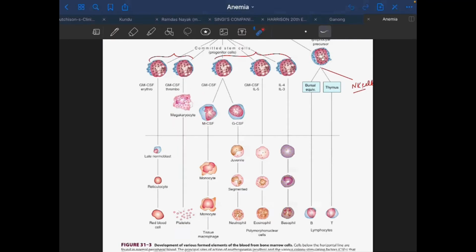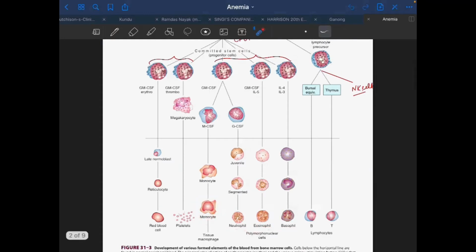In the same manner, the granulocytic CFU will form the CFU for each of them, that is for monocytes, eosinophils, neutrophils and basophils, respectively forming the respective cells.